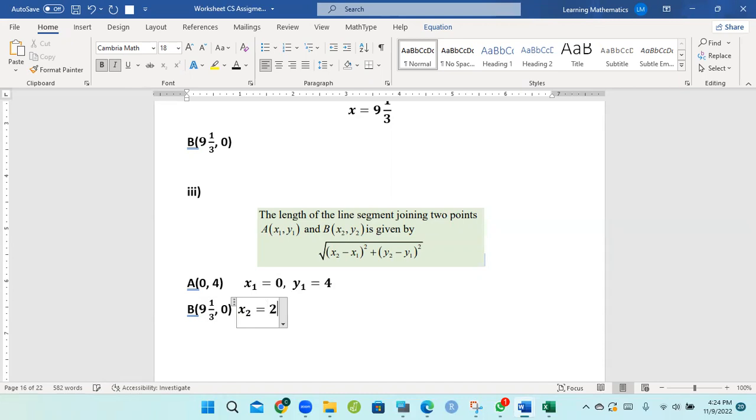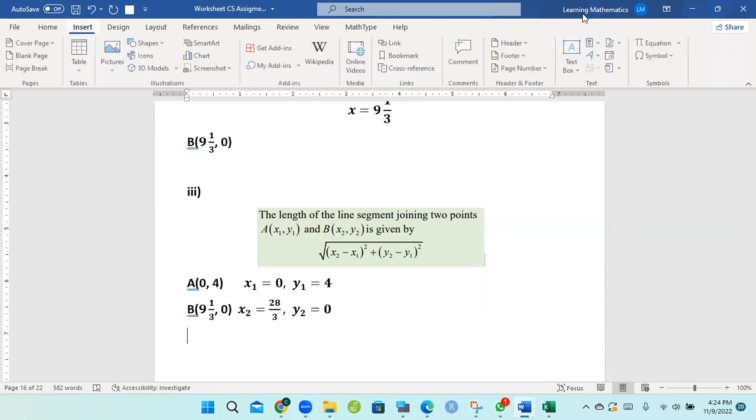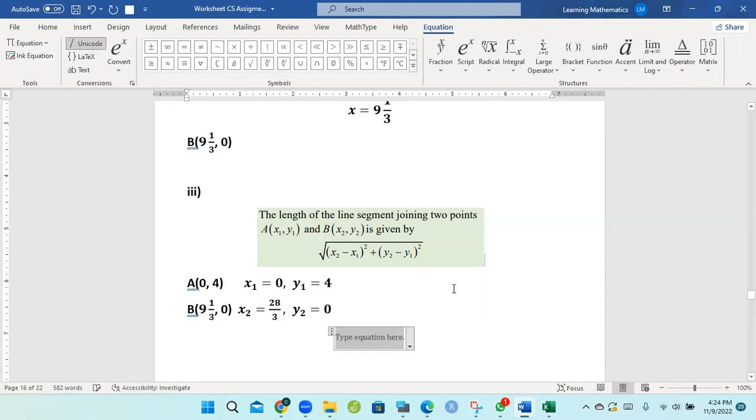So you can put it back as 28 over 3. And y2 equals 0. So now we can substitute into this formula. Let's make a template of the formula and substitute into the formula.